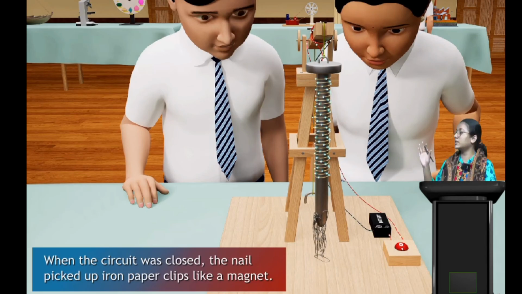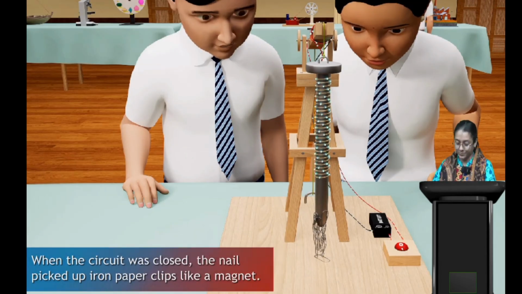So this is what is written here: when the circuit was closed, the nail picked up iron paper clips like a magnet. When the current was flowing through the wires, the iron paper clips got attracted by the nail.